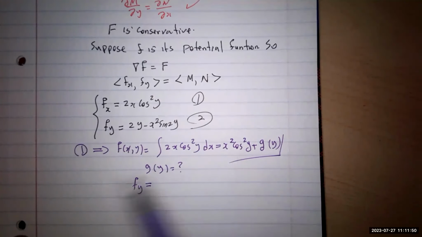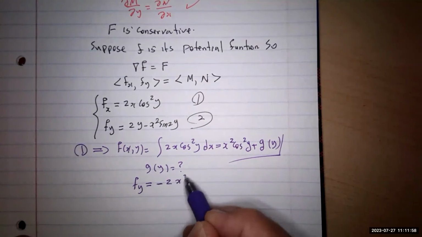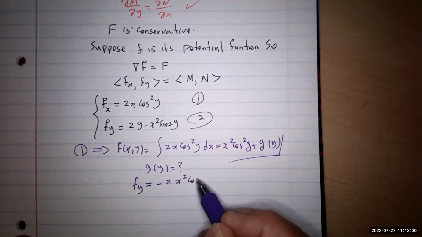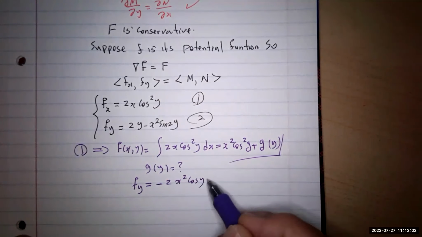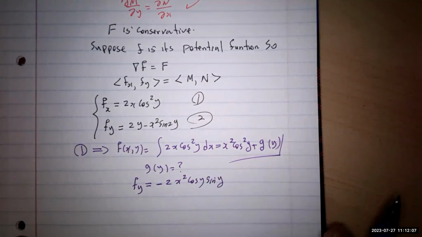With respect to the y, we have again the cosine squared, which is going to be negative 2 cosine times sine, so it's going to be negative 2x squared cosine of y times the sine of y, which is the same as the sine of 2y that we talked about. So you compare it with part 2.